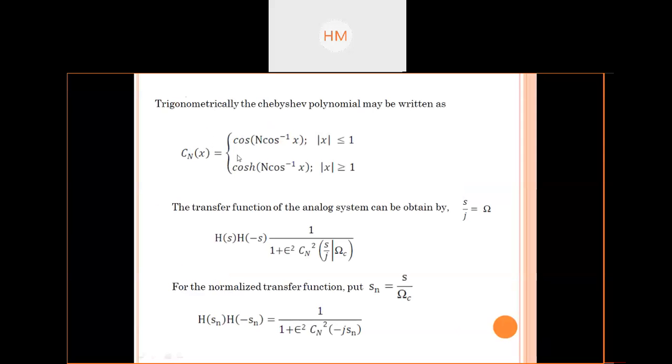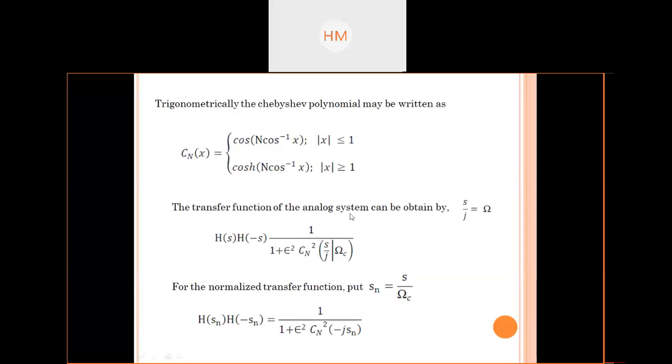It is totally a trigonometric equation: cos of n cos inverse x for mod x less than or equal to 1, and cosh of n cosh inverse x for mod x greater than or equal to 1. You have to remember this because you have to find the values of this Chebyshev polynomial. Clear students? Have you written till here? Please write down this in your copy.